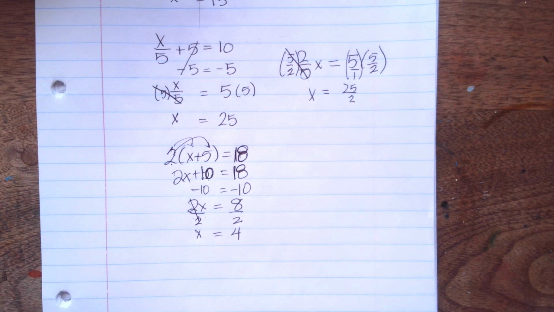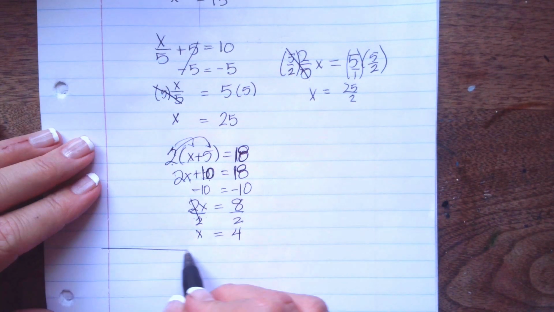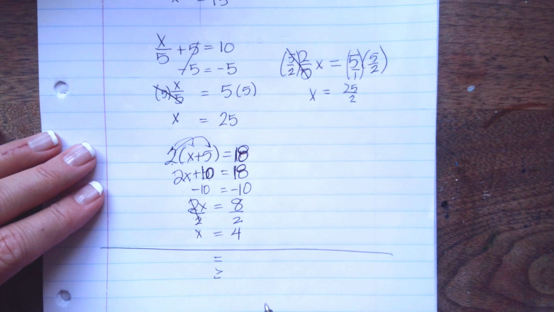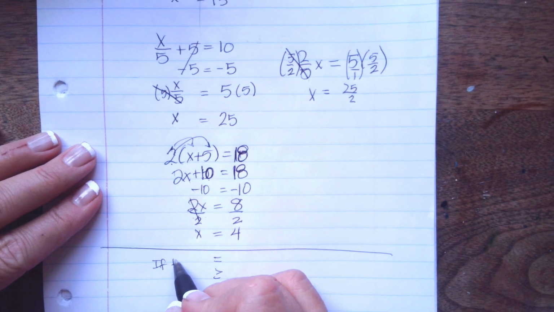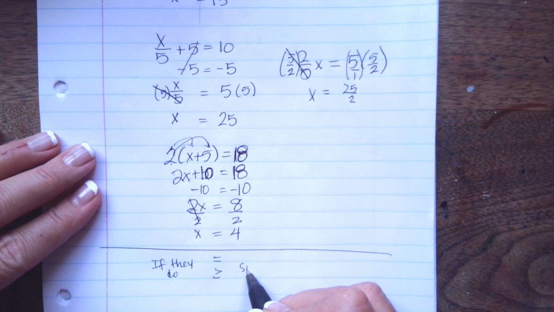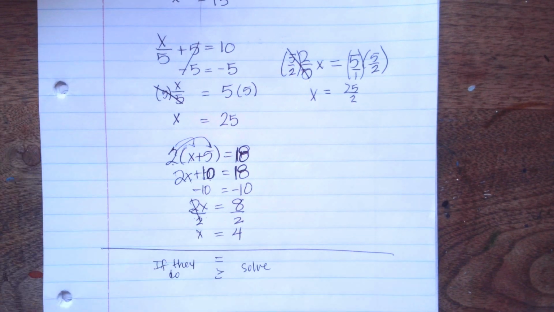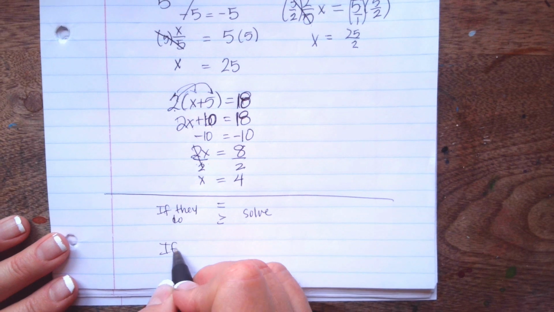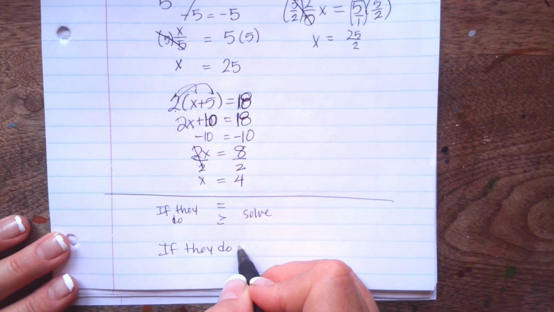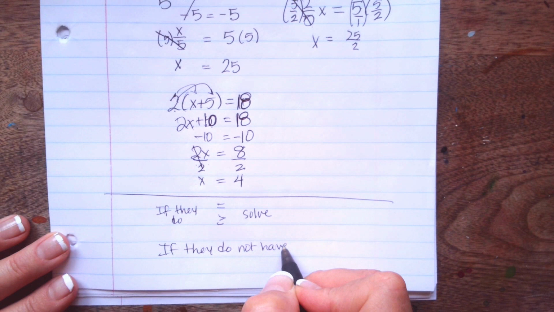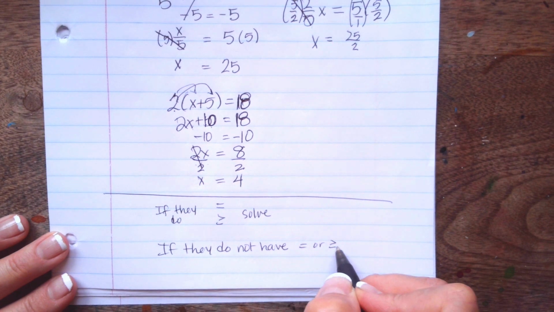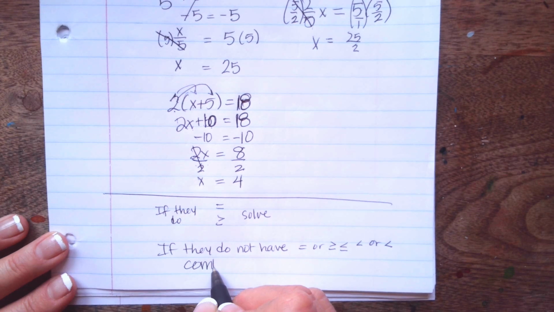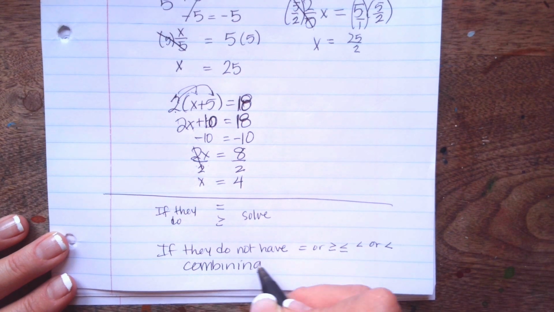If it's a fraction, it's the same exact thing, no matter what. Now, for some of the problems, they're going to have an equal sign or an inequality sign. That means if they do have one, then we solve for the x or the p or whatever it is that they're asking us to solve for. If they do not have an equal sign or an inequality sign, that means we're just combining like terms.